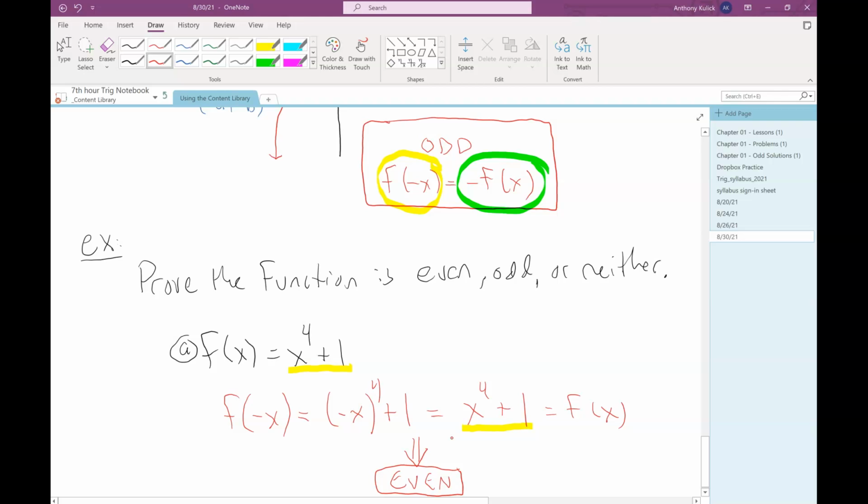So in general, we're going to compute f of negative x, simplify, compare that to the original. If it's the same, we're done, it's even. If it's not, we'll then check to see if it's odd. If it's not, then it's neither, and we're done.